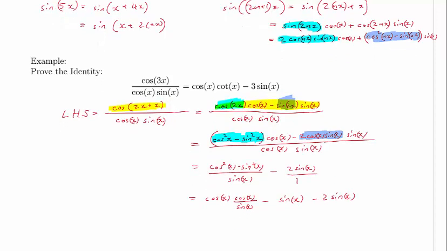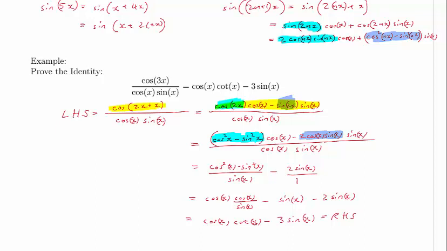Okay, and then the next simplification, we have cosine of x multiplied by cotangent, and then these two are the same, so we combine them, minus 3 sine x, which is the same as our right hand side.